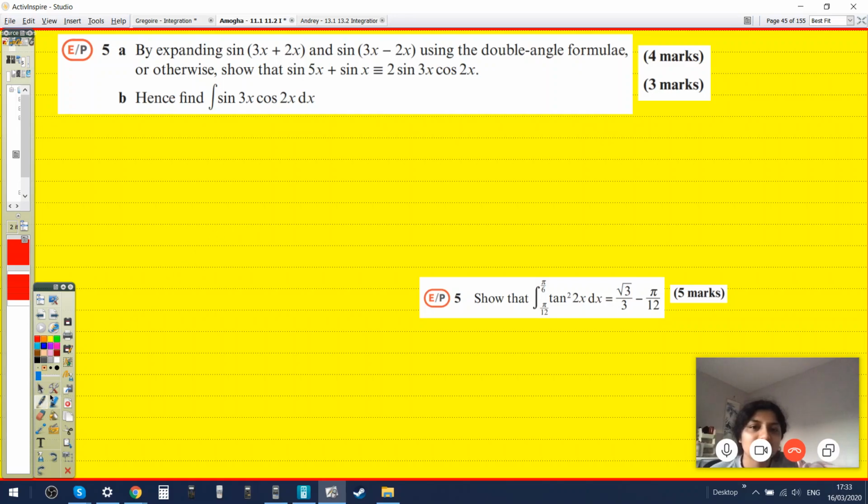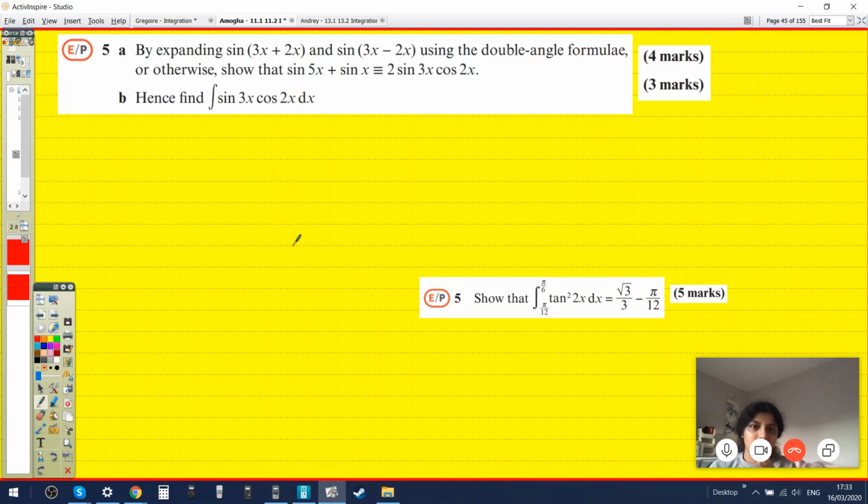Oh wait, it says sine 5x plus sine x is equal to 2 sine 3x cos 2x. So you can just replace sine 3x cos 2x by sine 5x plus sine x over 2. But I'm taking the half out. It says in the question above.